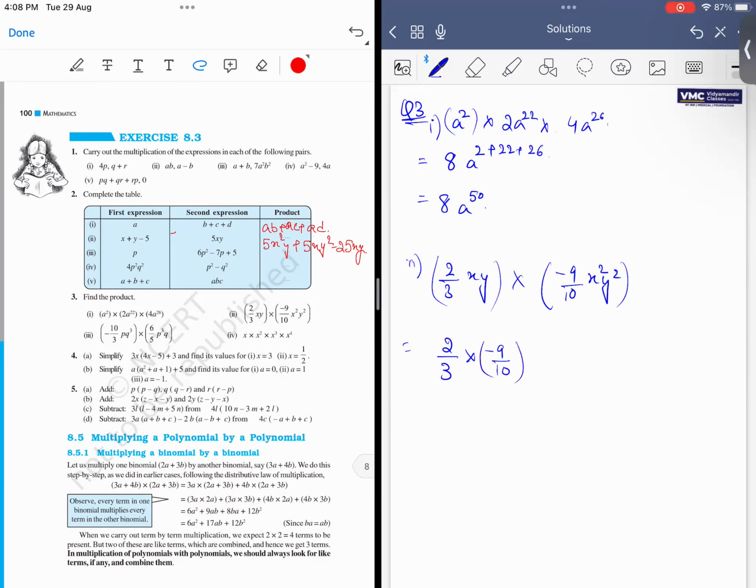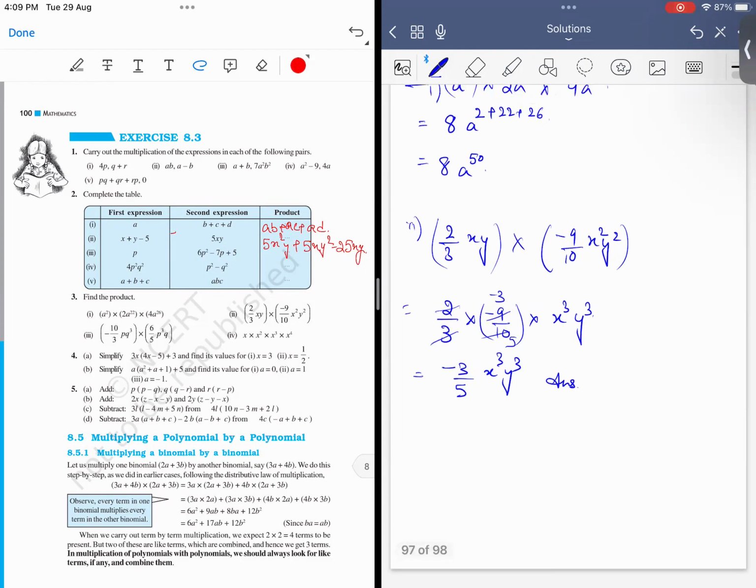And x into x square becomes x cube, and y into y square becomes y cube. And we can cancel 3 and minus 3 times, and 2 and 10 5 times. So minus 3 by 5 x cube y cube. This is how we will multiply the rest of it.